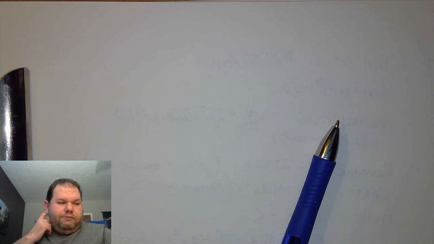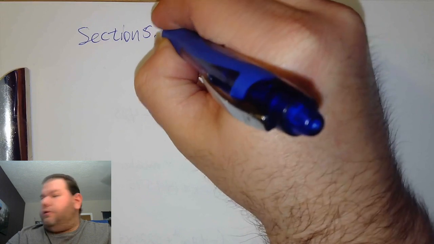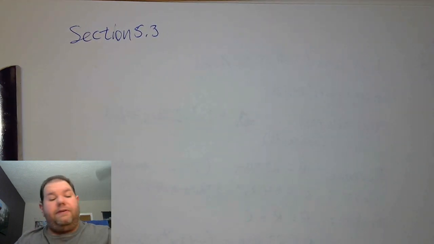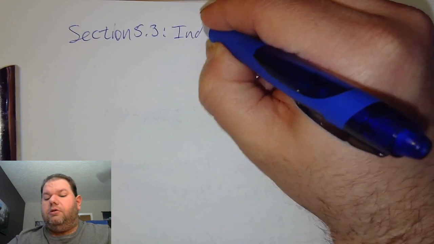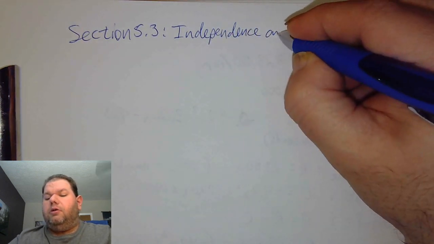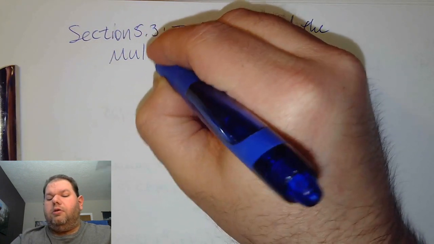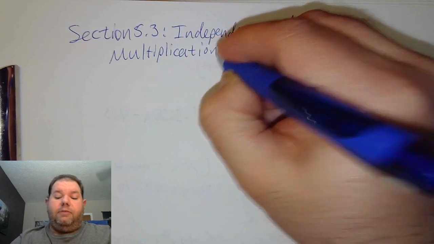All right, so section 5.3 covers, here we're talking about independence and the multiplication rule. Last time we looked at the addition rule, and today we'll be looking at the multiplication rule.